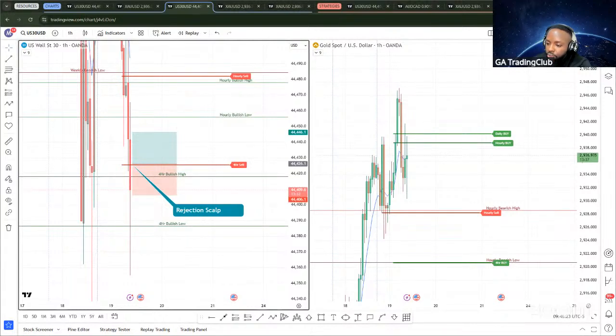For BTC, this would be 50. BTC. All right. Trendline plus SAR rejection.